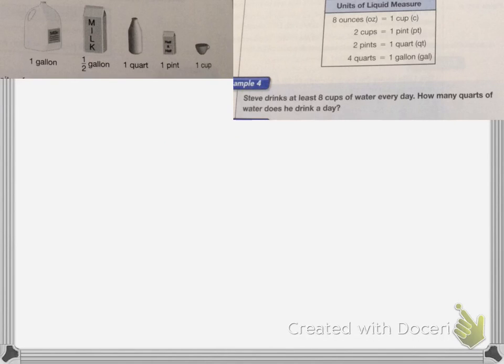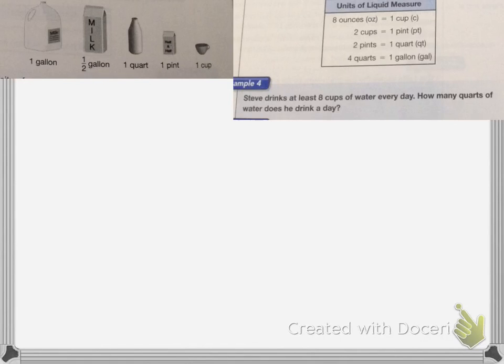Okay, this next part is on liquid measurements. In the U.S., we have gallon, half gallon, quart, pint, cup, and then ounces in a cup. So 8 ounces equals 1 cup, 2 cups equal a pint, 2 pints equal a quart, and 4 quarts are in a gallon. So if Steve drinks 8 cups of water every day, how many quarts of water does he drink a day?